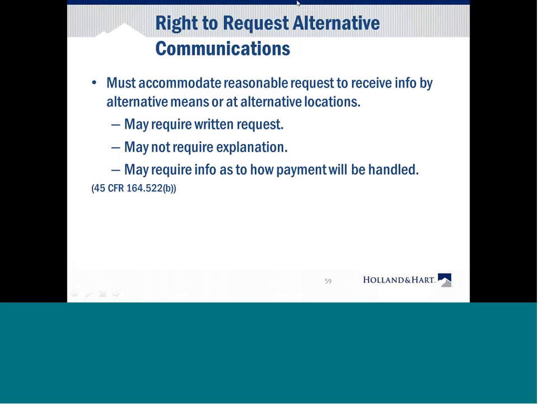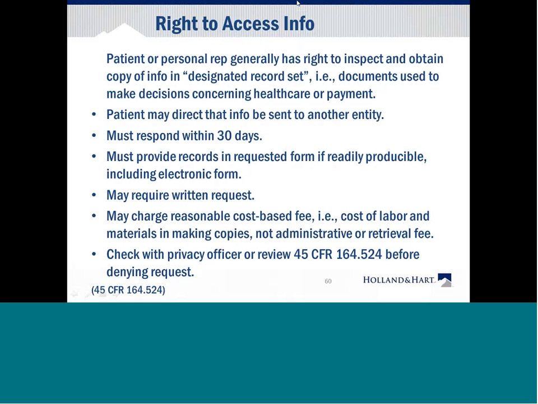Next right, an important right, is the patient has a right to access or obtain a copy of their protected health information, but not all protected health information, only their information that's maintained in a designated record set. Their designated record set is essentially the information that's used to make decisions concerning the patient's health, healthcare, or payment.